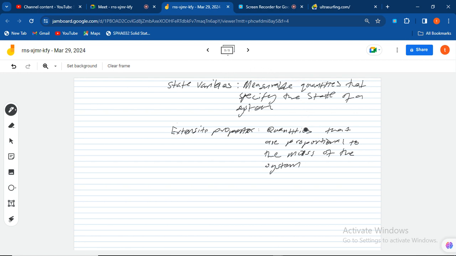Quantities that are proportional to the mass of the system. What are we actually referring to? We can think of a system like this.